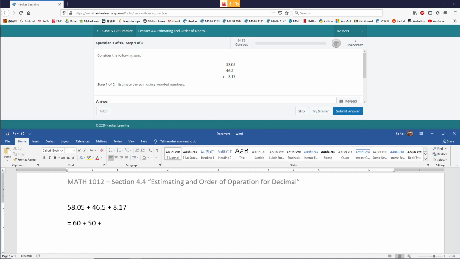The problem is the $8.17. Based on the logic that we have just done, you would think it's closer to $10. And honestly, in real life, it's probably true. The problem with this particular homework session is if it's a number less than 10, they don't want you to round it up to a 10. They just want you to round it to the next dollar.